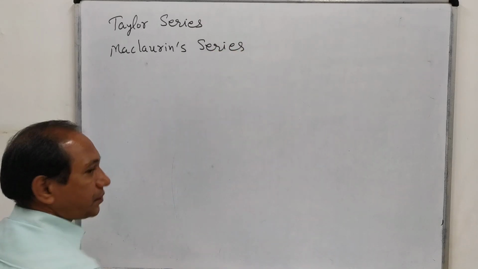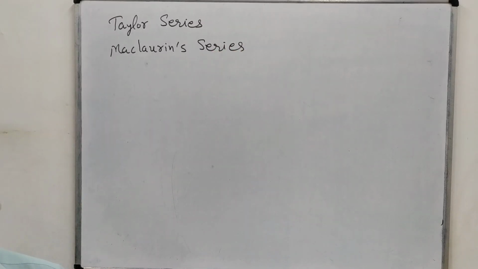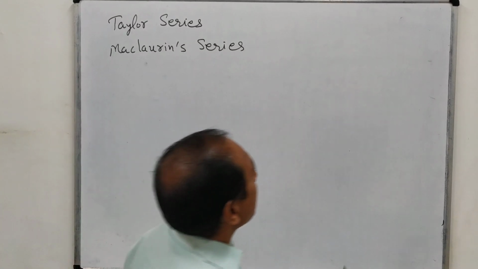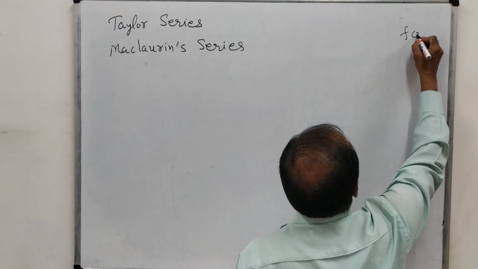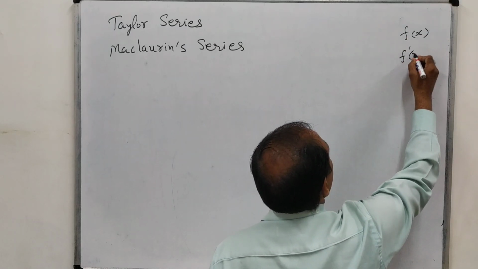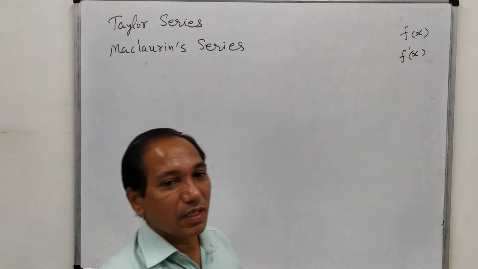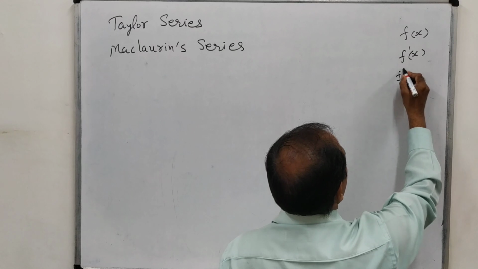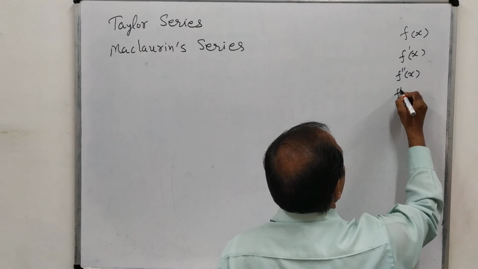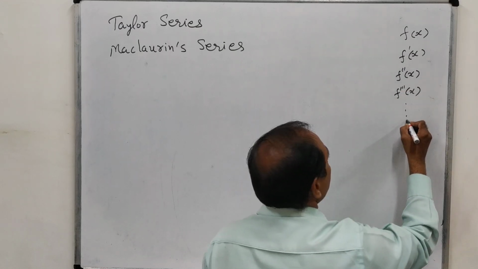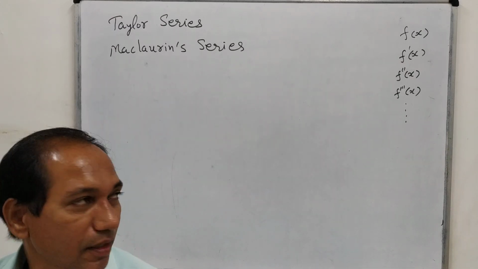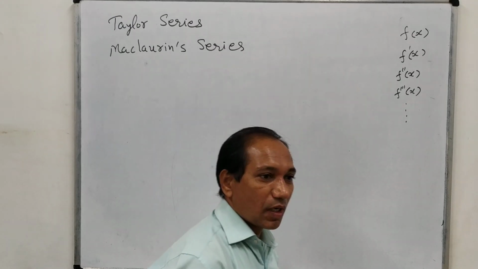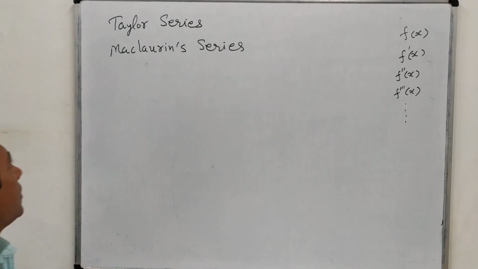Here I told you that you will have to identify the function f of x, then find its successive derivatives. Successive derivatives means the derivatives which are obtained one by one. That means f of a, f dash x, then f double dash x, then f triple dash x, and so on. As I told you, here we will require to find only 3 to 4 derivatives. We don't require more derivatives.